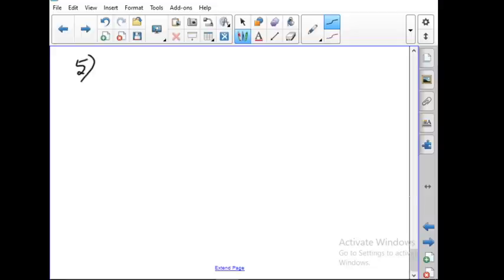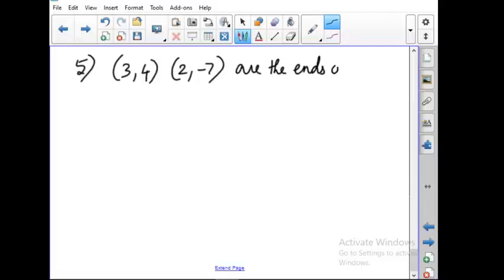Obtain the equation of the circle for which (3, 4) and (2, -7) are the extremities of the diameter, or the ends of the diameter. We need to find the equation of the circle.